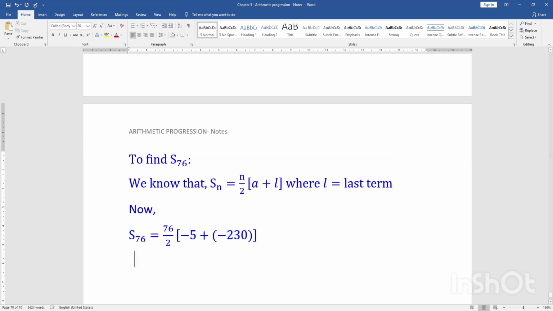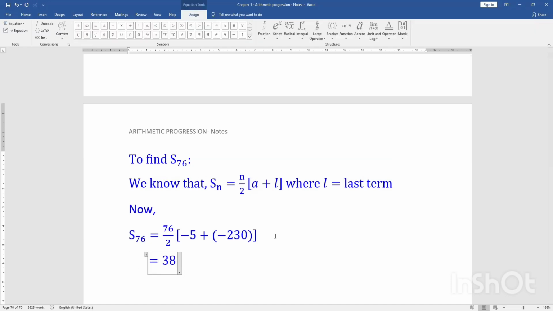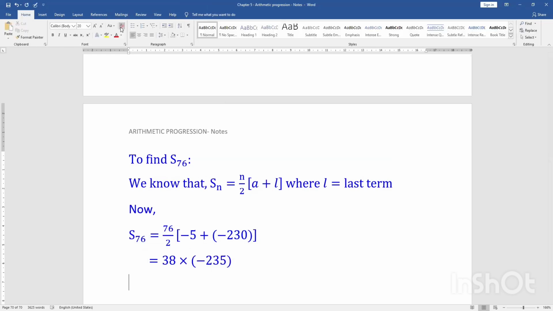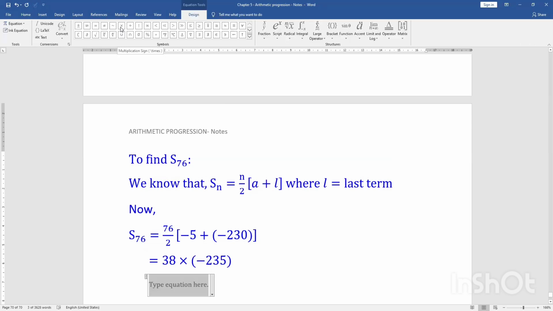Then I write it as, 76 by 2 is how much? 38, right? So it's equal to 38 into minus 5 minus 230. It is nothing but minus 235. Into minus 235. If you multiply it, you get minus 8930.